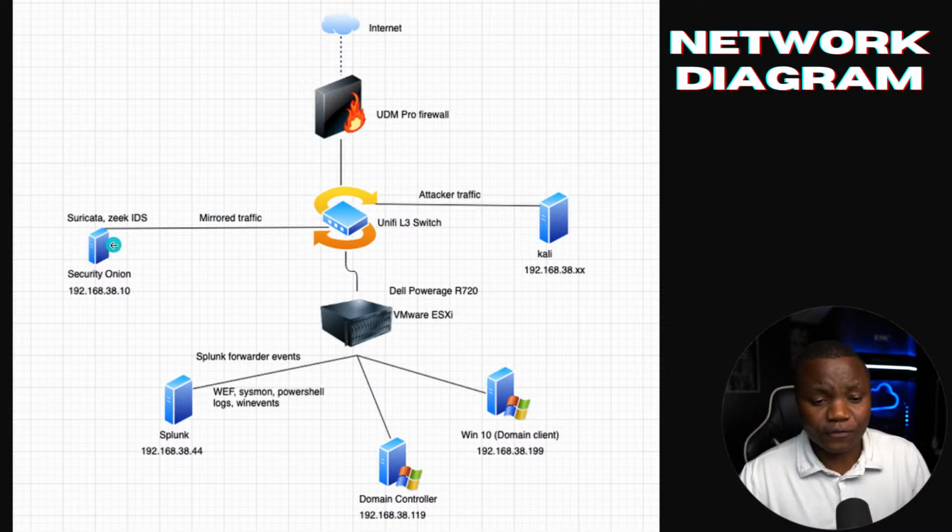I don't expect a lot of Suricata events to fire today, but if they do, we'll be lucky. Otherwise, I'm expecting to see a lot of traffic, like Nmap traffic that we'll be running. We're getting a copy of everything. And our vulnerable machine is running on a Windows 10 machine right here in ESXi. So that's where we are. If you're interested in this, you'll actually be able to set it up yourself.